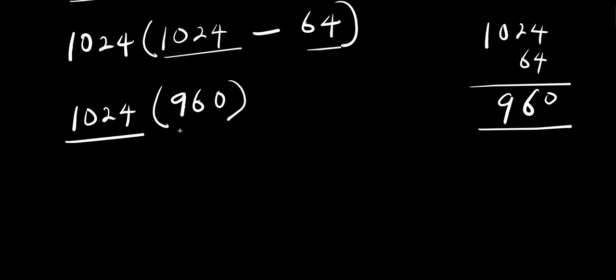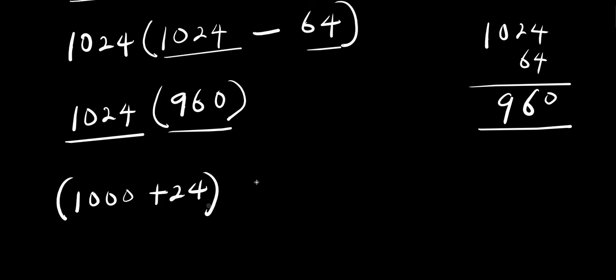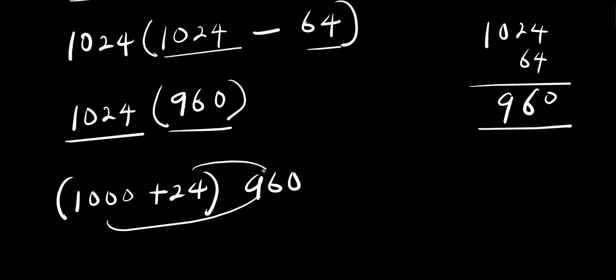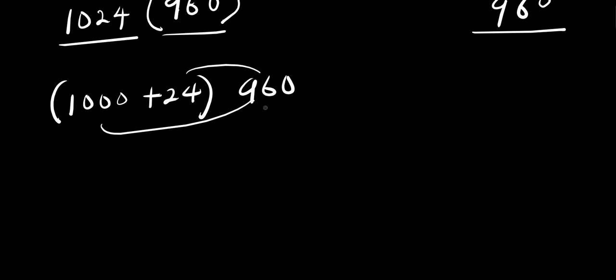That means we are multiplying 1024 times 960. Now 1024, we can write it as 1000 plus 24, times 960. And multiply this and multiply this. So 1000 times 960 plus 24 times 960.